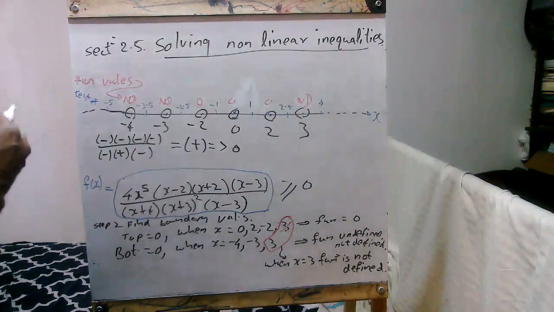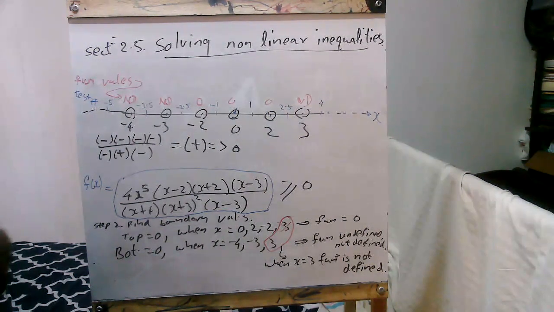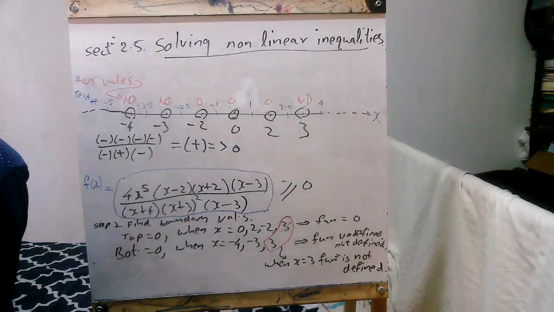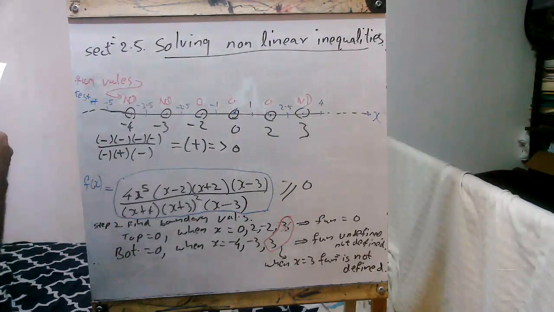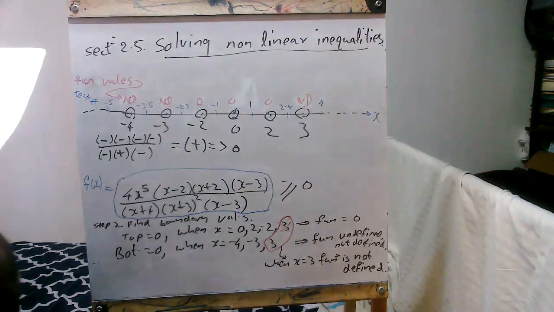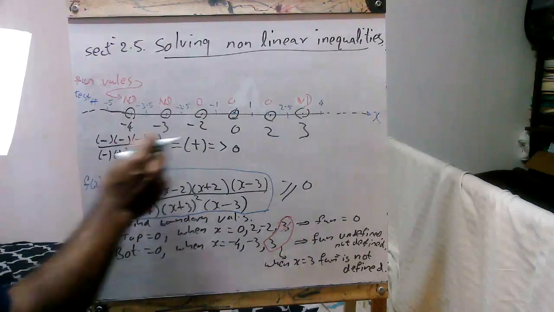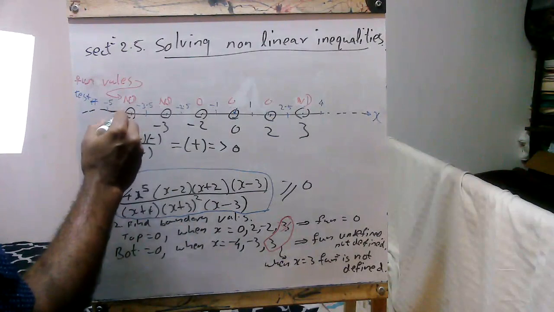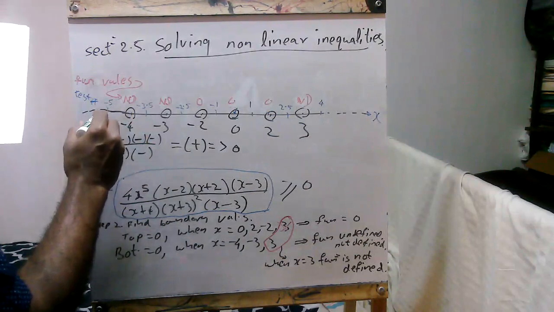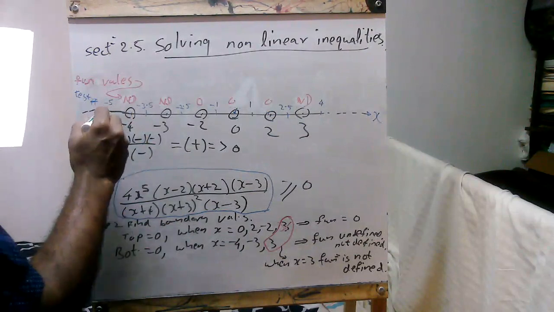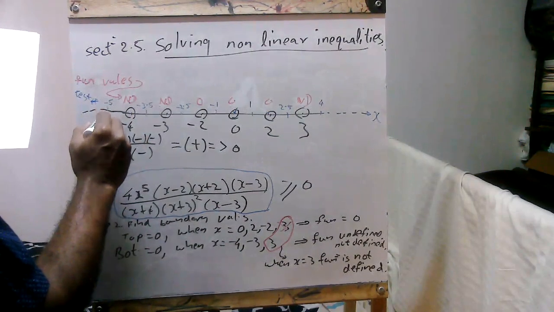Let me see if I have a different color. With this technique, find this. I found it earlier. I write the sign. In this region, it is plus.